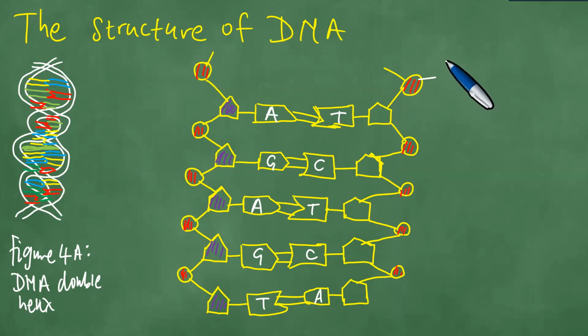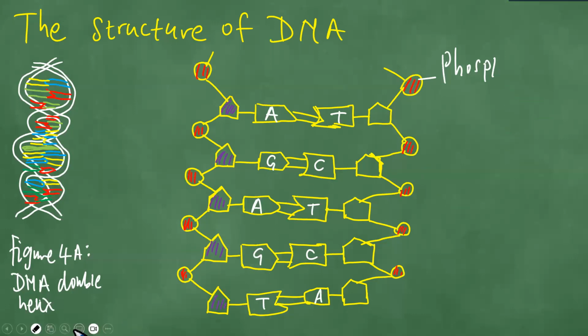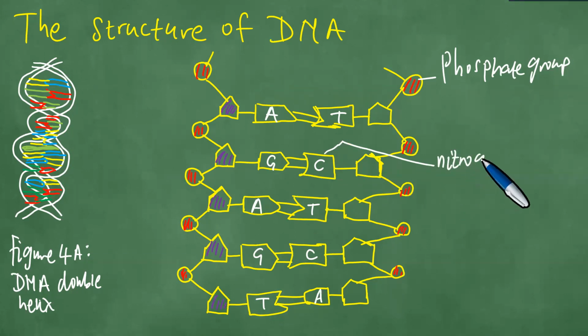This is called the phosphate group. And this one here, the C, is a nitrogenous base.